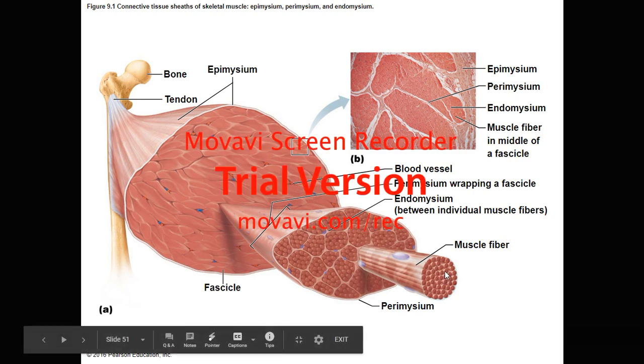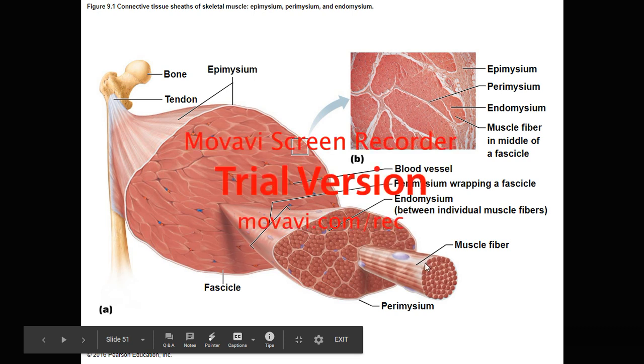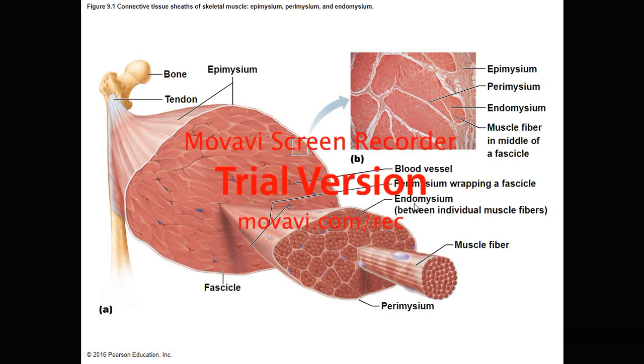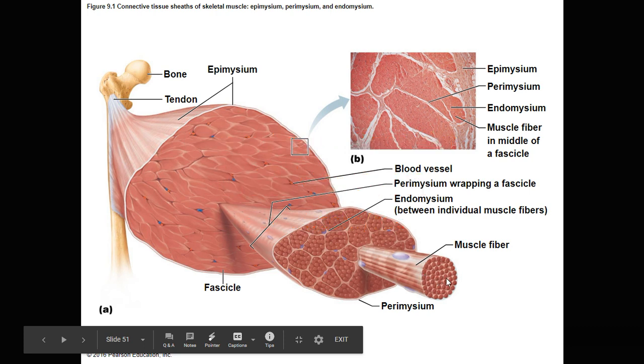But these are a complex organelle within a muscle cell called myofibrils. So you have a bunch of myofibrils within a muscle cell, and each muscle fiber has its own connective tissue sheath, the endomysium. The endomysium surrounds the individual muscle fiber, and remember the individual muscle fiber is packed with myofibrils.